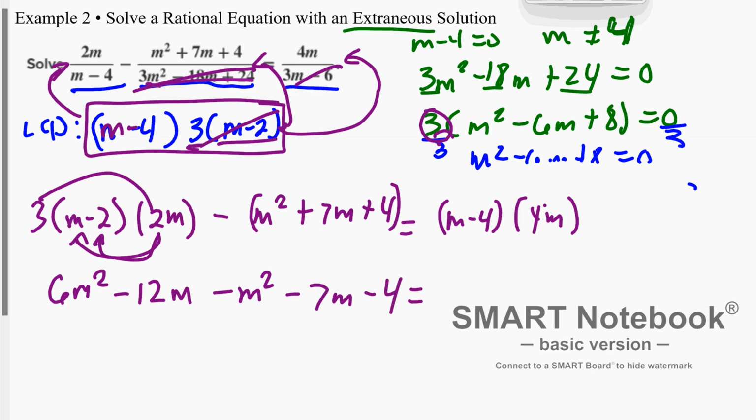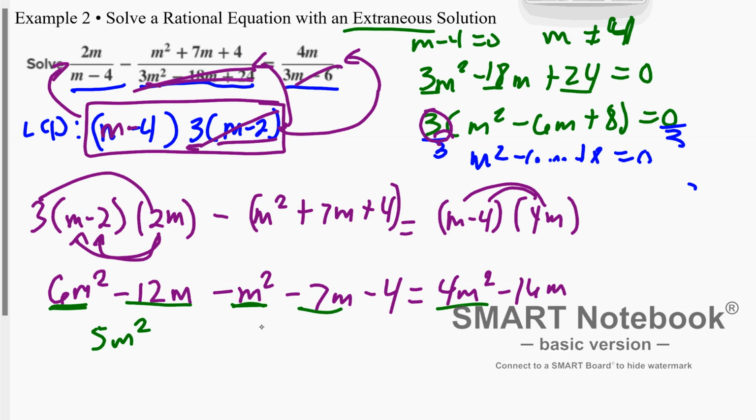Okay, then here distribute this 4m to both of these. We get 4m squared minus 16m. Now, since I have a squared, I want to combine all my squareds, get them all on one side, right? So this would be 6m squared minus 1m squared is 5m squared, minus 12m minus 7m, that's minus 19m, and then we just have that negative 4.